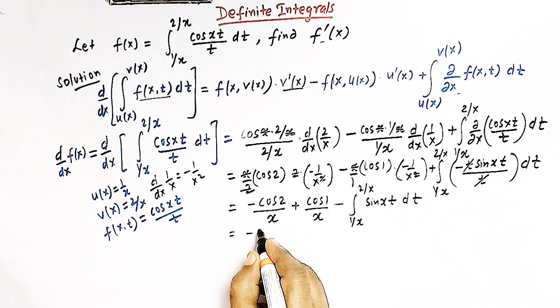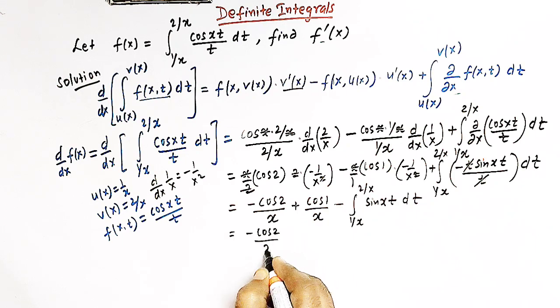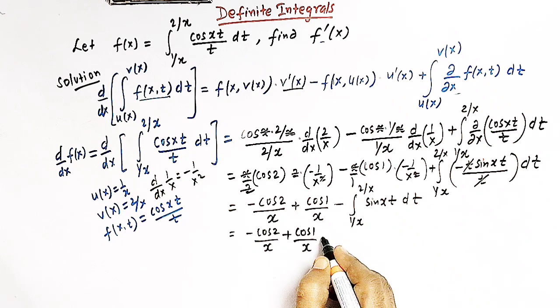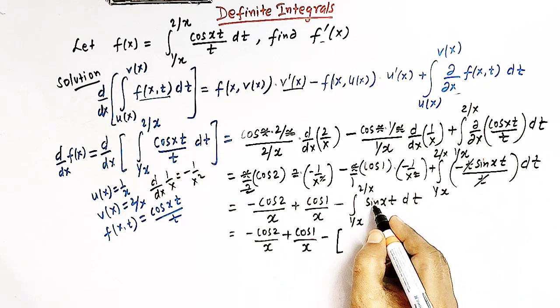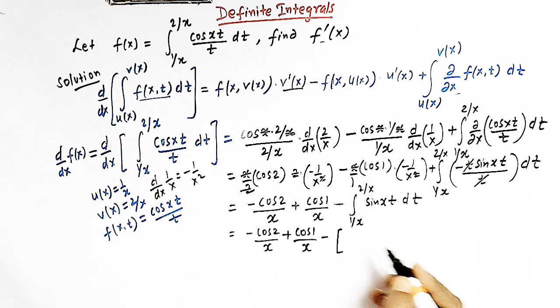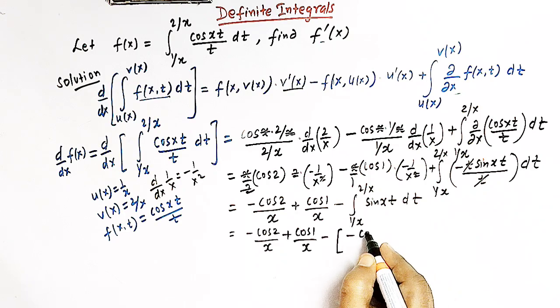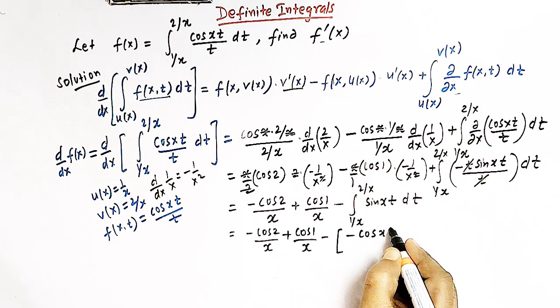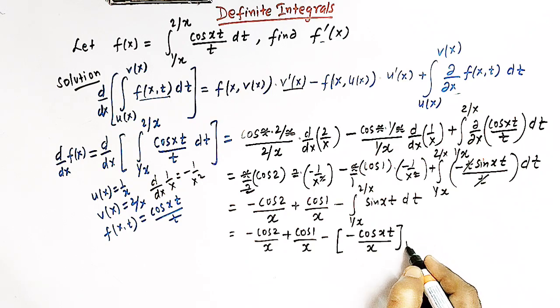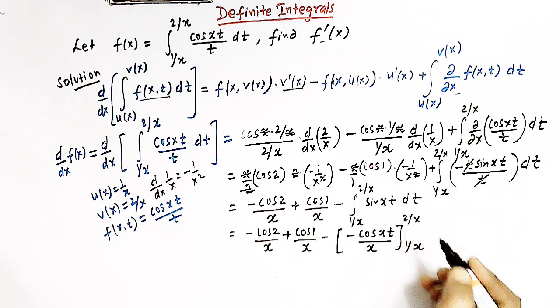So we have minus cos of 2 over x plus cos of 1 over x minus, now the integral of sine xt with respect to t is given by minus cosine xt divided by x, and the limits of integration are from 1 over x to 2 over x.